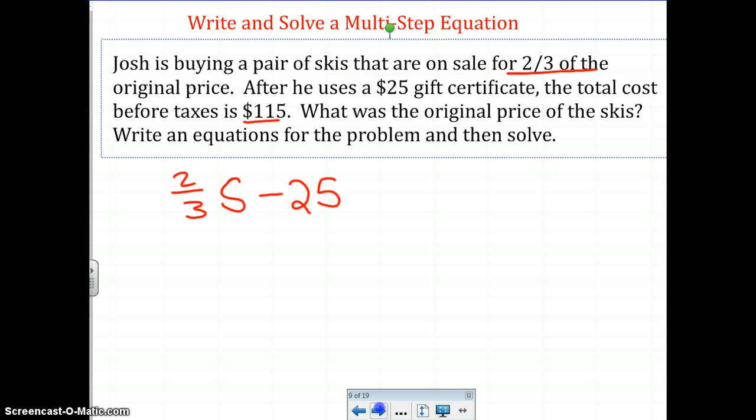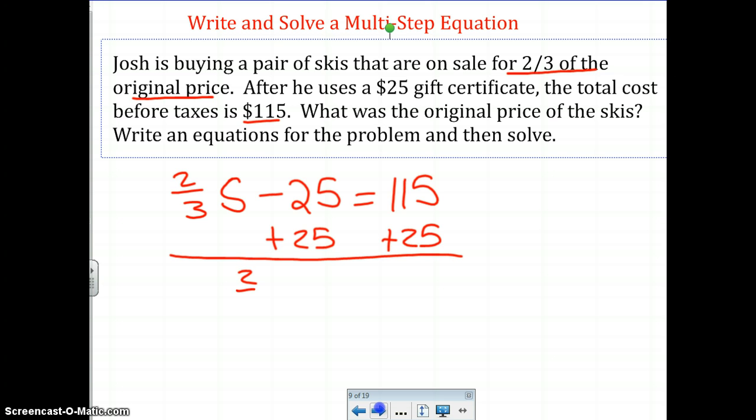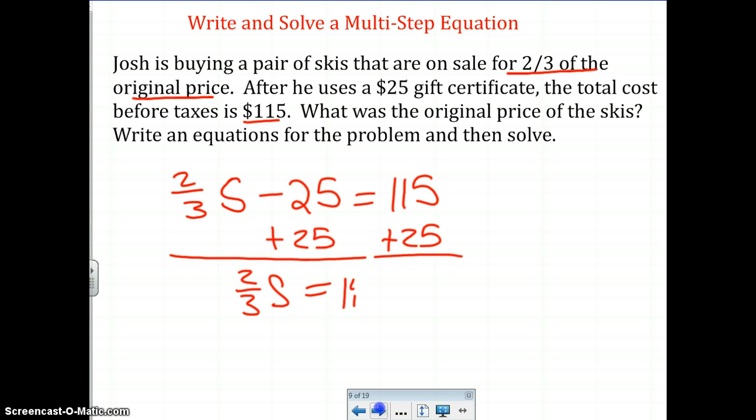So 2/3 of the skis, using the 25 gift certificate was where subtraction came from. So that's going to equal 115. In this case, I can go ahead and add 25 first. So we have 2/3 S equals 140. Pardon me, it was 140.